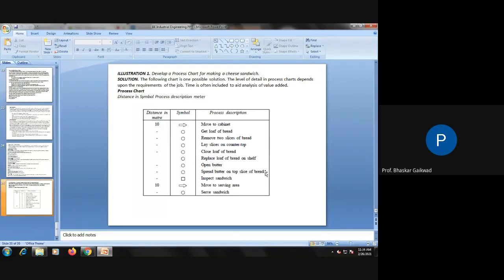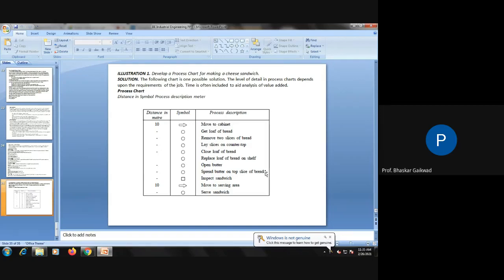Remove two pieces of bread, operation. Put them on the table, operation. Close the breads, replace the breads, open the butter, apply the butter. All of these are operations, and operations are shown by circles. If you demand a sandwich, the bread is there, then next the ghee is there. So what is the waiter actually doing?